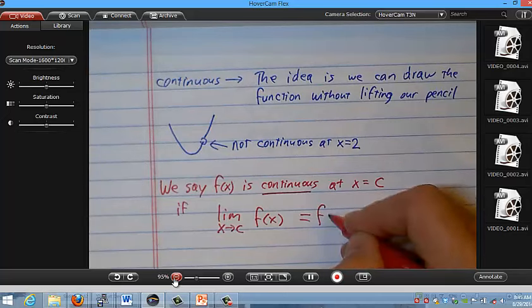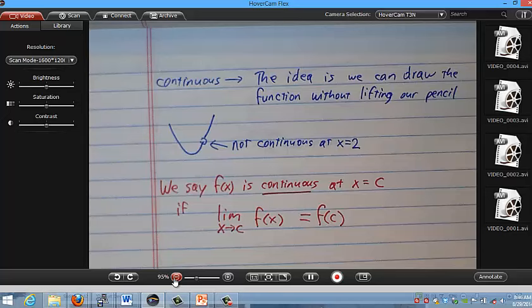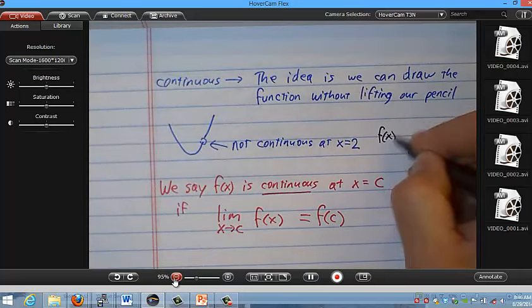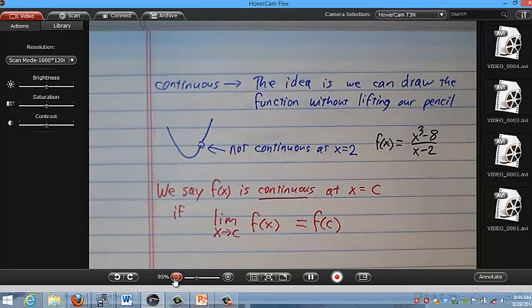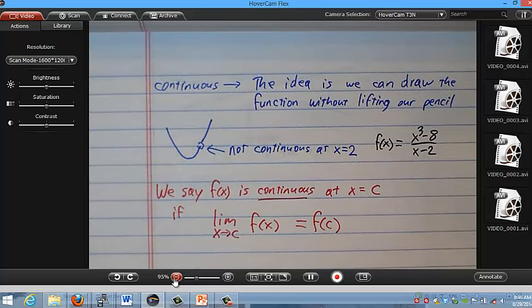F of c. That's what we want for continuous. And I know we used a on the board before. Okay? Remember, the example from the group work was this function, f of x equals x cubed minus 8 over x minus 2. That's the function which is not continuous at x equals 2.